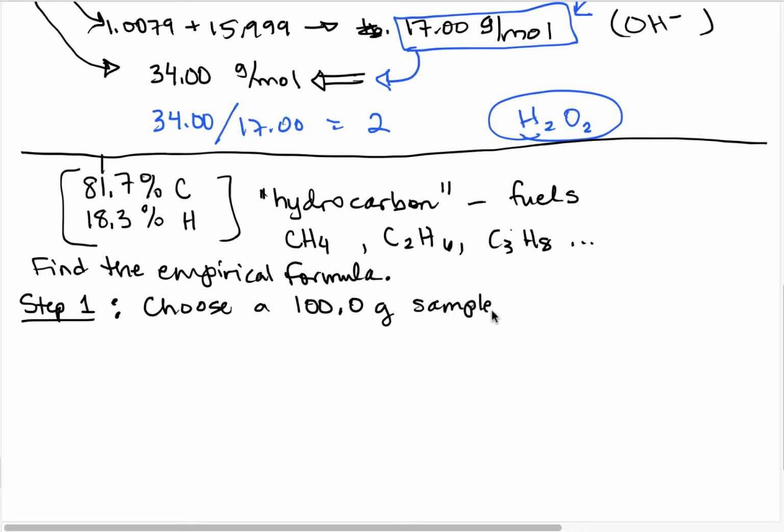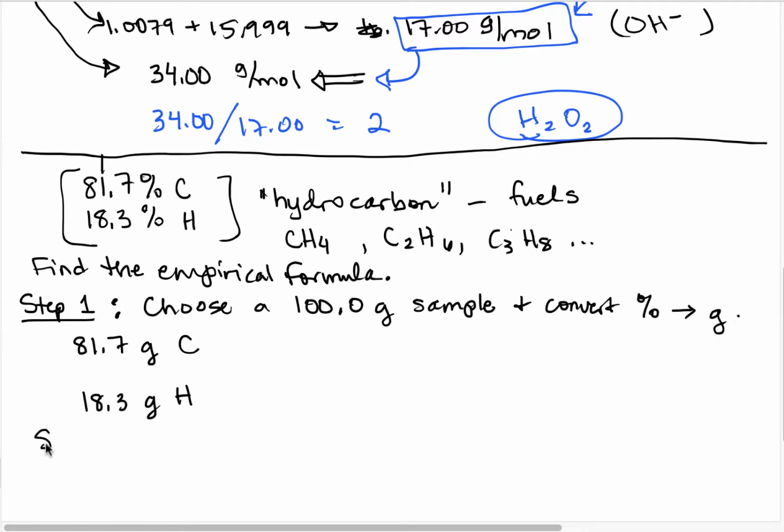The reason why we are doing that is because our percent adds up to 100. Then we can say if we have 100 grams of sample, 81.7 grams of it will be carbon and 18.3 grams of it are going to be hydrogen. So we're going to choose a 100 gram sample and convert our percent into grams. So that's our first step.